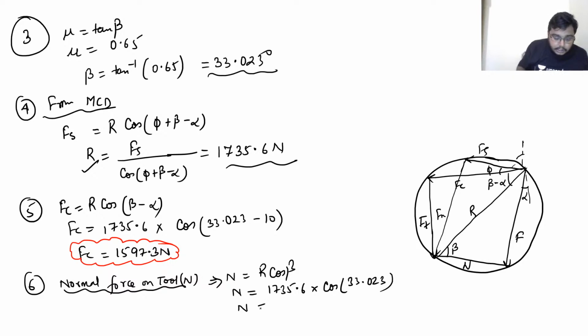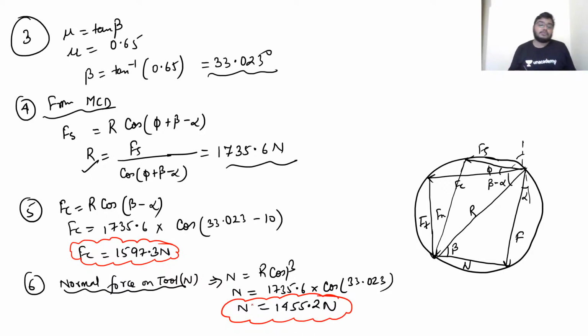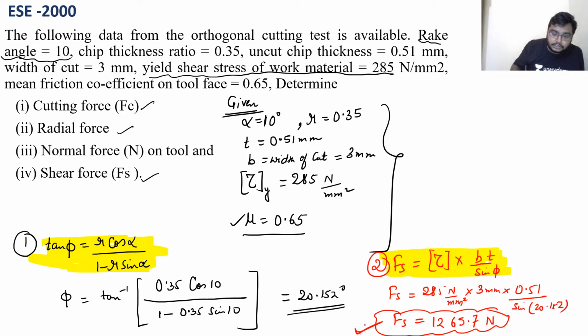From here, N will come around 1455.2 Newton. So this is the normal force on tool. So you have found out the normal force on tool, the cutting force, and the shear force.